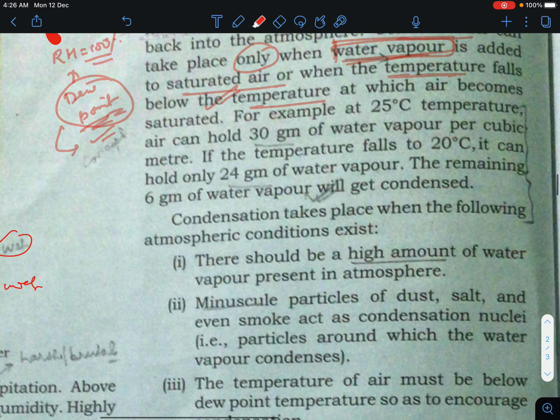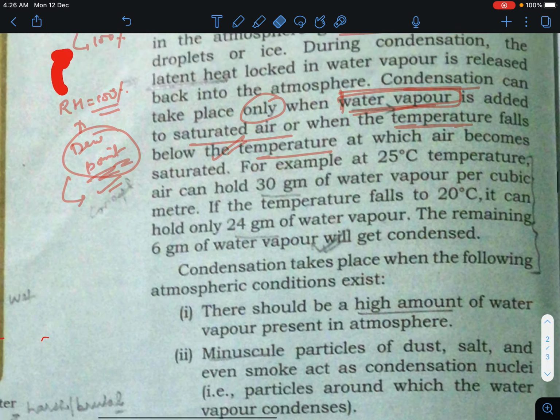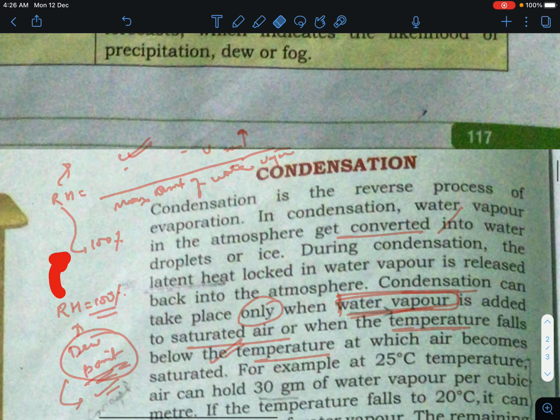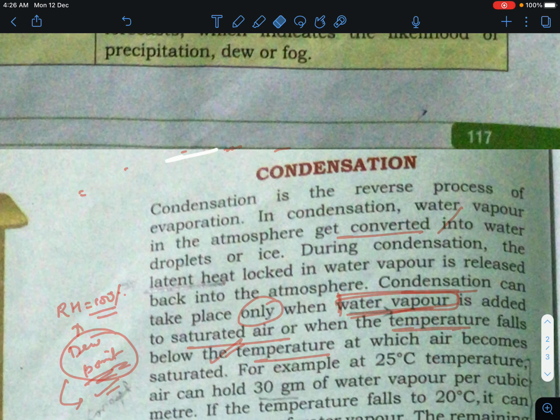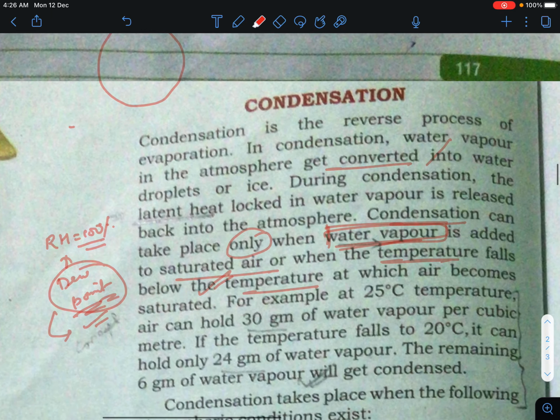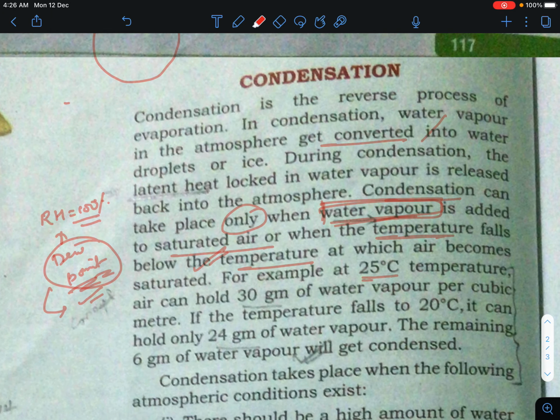Look here. Suppose this is a volume of air. For example, at 25 degrees Celsius, the air can hold 30 grams of water vapor per cubic centimeter.